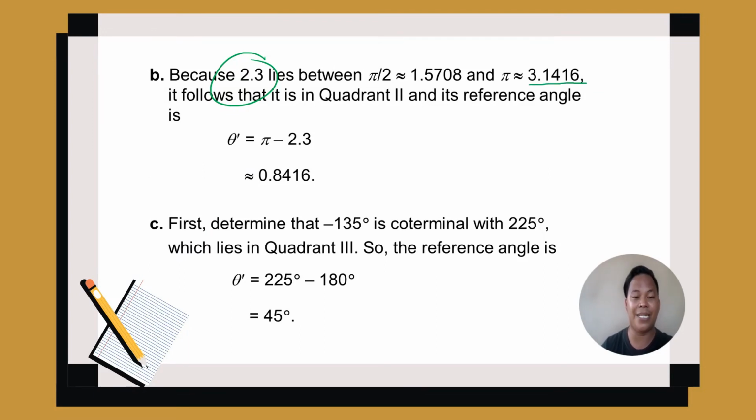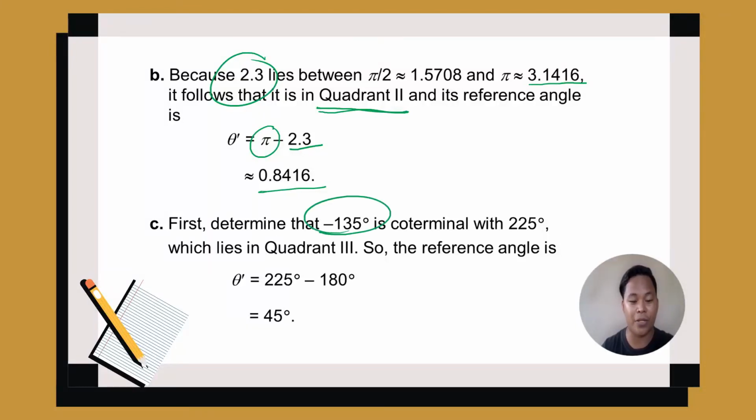And the terminal side of this angle lies in quadrant 2, and its reference angle is approximately equal to 0.8416 since we're going to subtract 2.3 from pi po. Since ito po yung ating formula if the terminal side of the given angle is in quadrant 2 po.